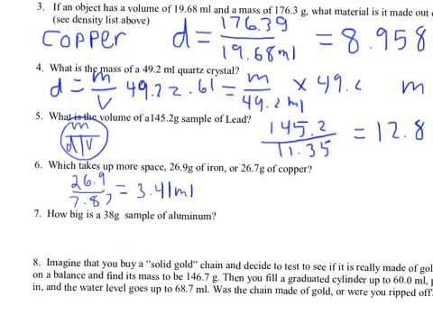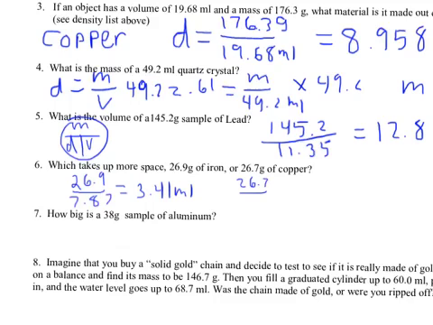And then I'm going to do the same thing for the copper. So again, I'm looking for the volume. If I cover up volume, that tells me take the mass and divide it by the density. So the mass is 26.7 grams of copper divided by the density of copper, which I'm going to cheat. It's right here.